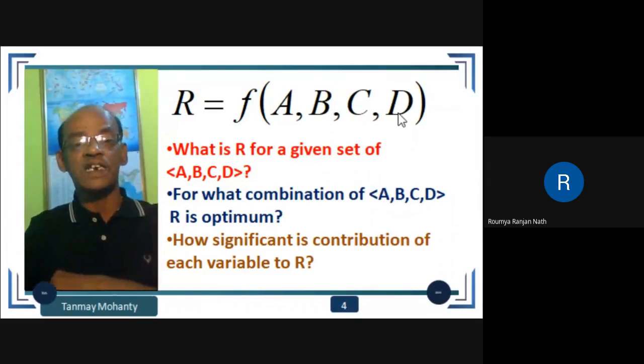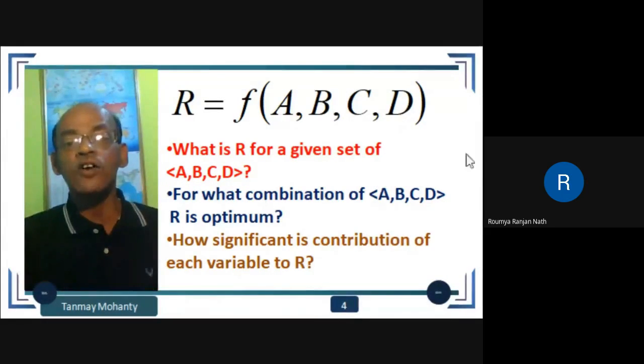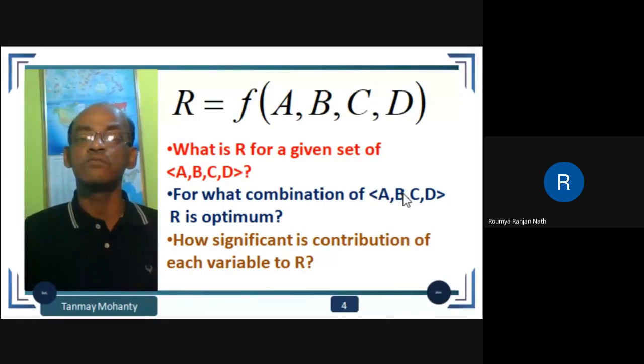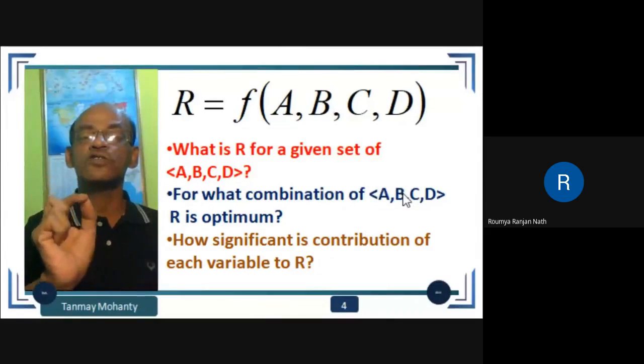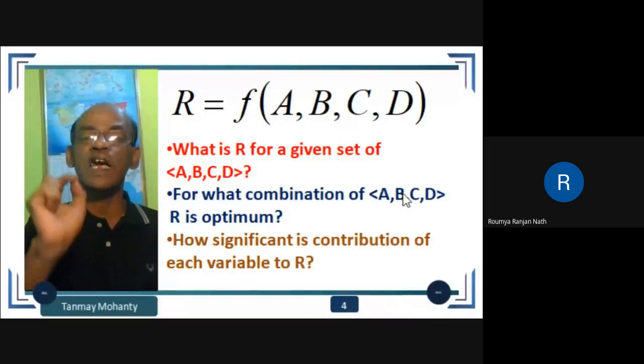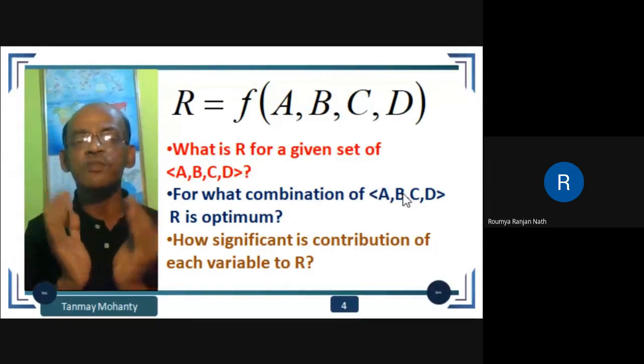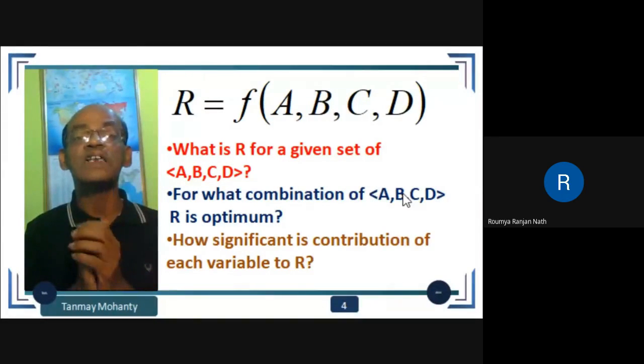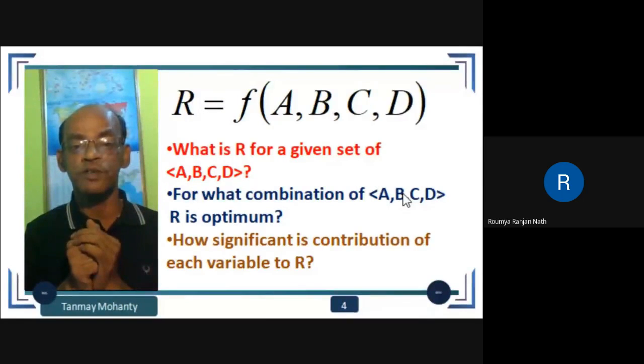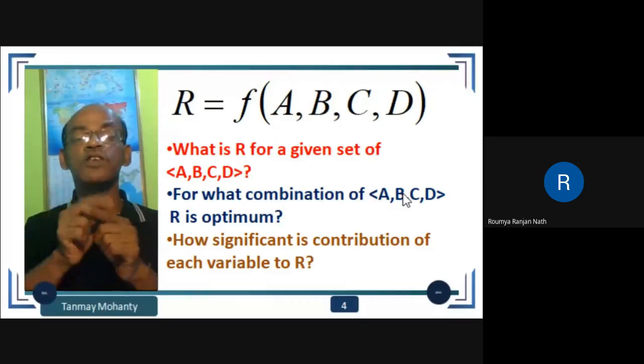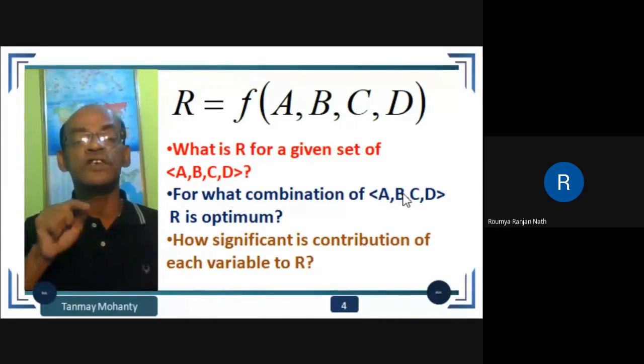Another way it can help is in finding for what combination of A, B, C, D, for what rhesus content, for what impingement angle, from a set of input conditions, this R, the erosion rate, is optimum. How significant is the contribution of each variable to this erosion rate?